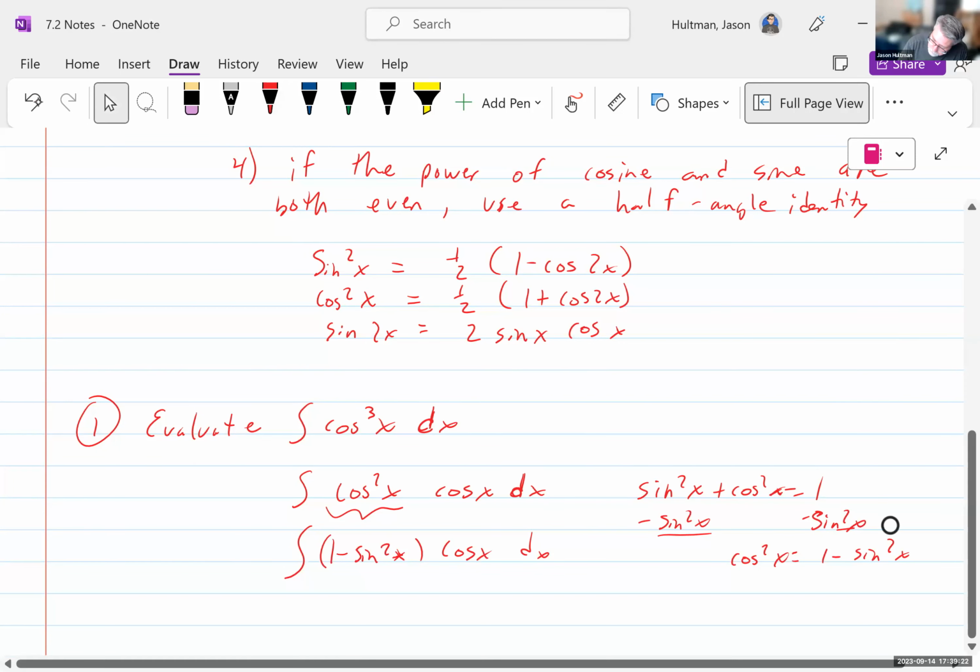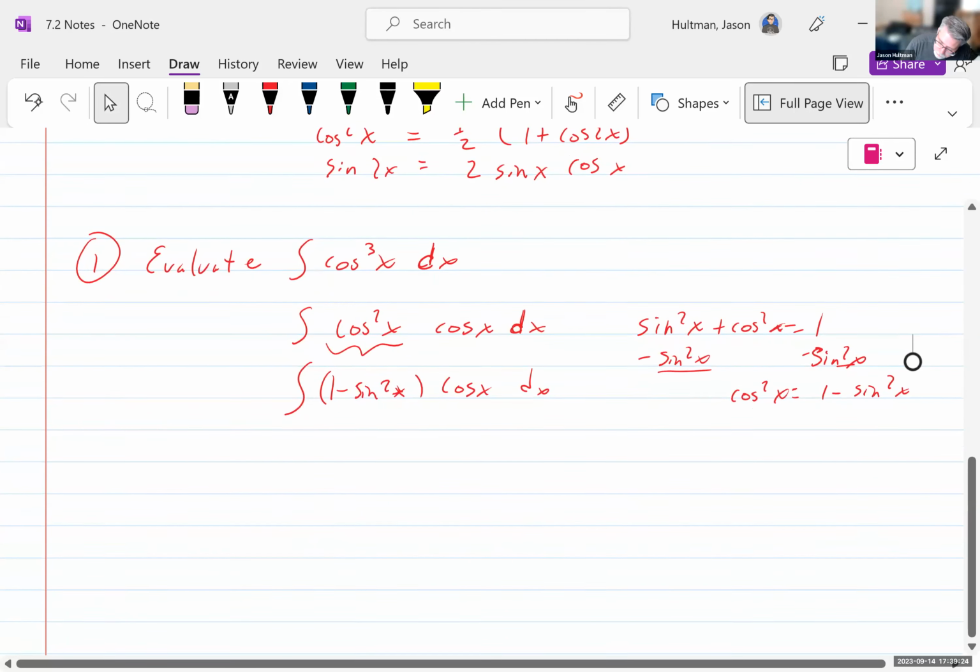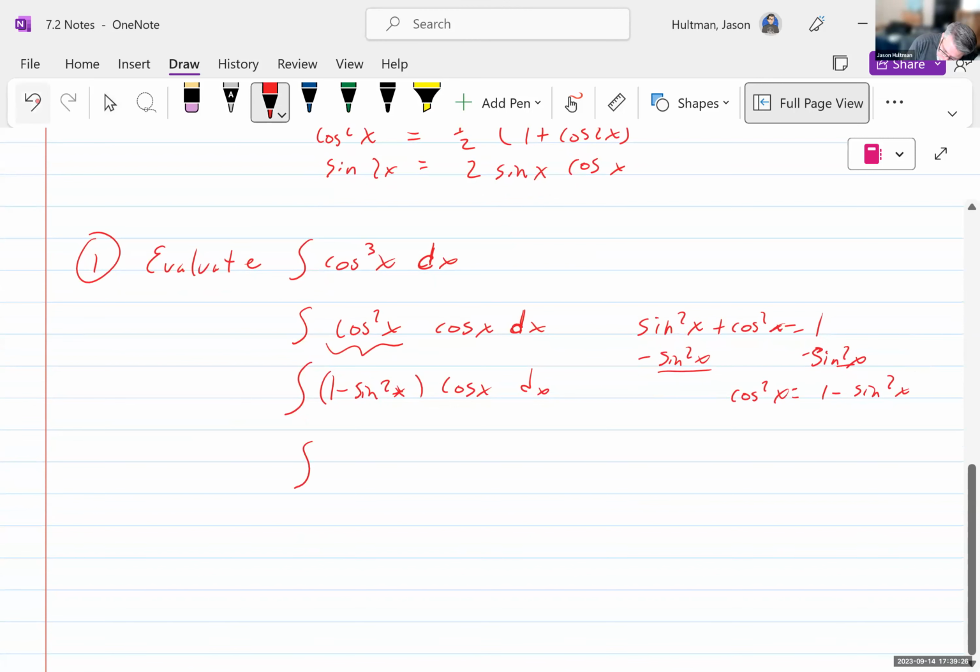Now I can use some elementary integration techniques to help me out. I'm going to distribute the cosine, and I get cosine x minus sine squared x cosine x dx.